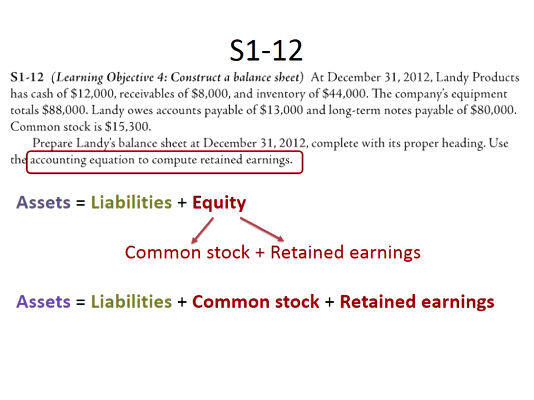This problem doesn't give us retained earnings, so we have to calculate it. My revised accounting equation, which means absolutely the same thing, is assets equal liabilities plus common stock plus retained earnings. So we haven't done anything fancy here.